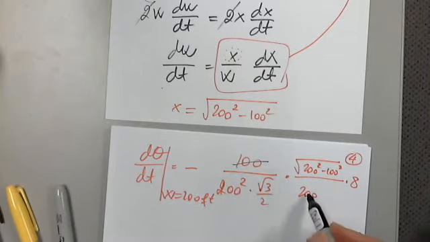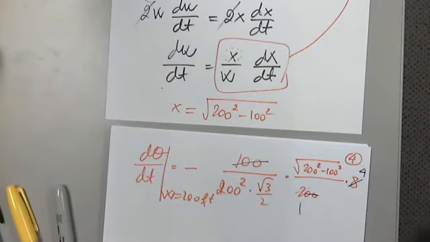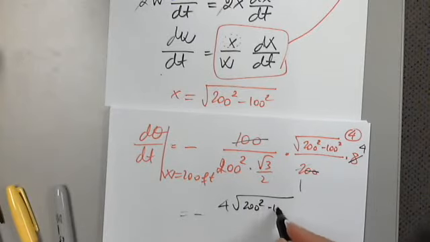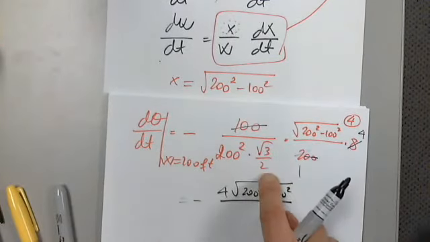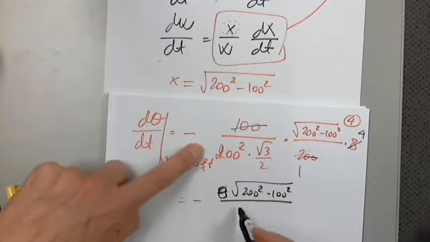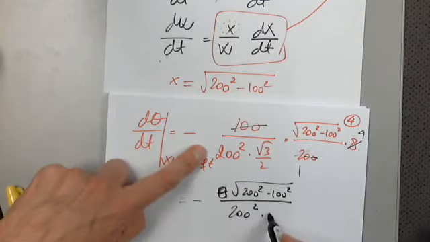I'm going to cross these two zeros. I'm going to simplify a 2 in here. So let's see what is left. Negative 4 over the square root of 200 squared minus 100 squared, and also multiply by 2, because I have to flip this. So it's 8 over 200 squared times the square root of 3.